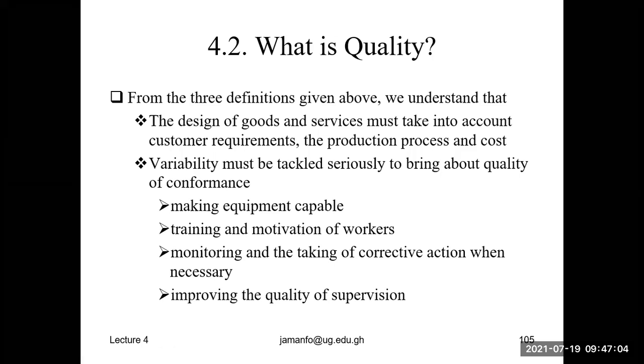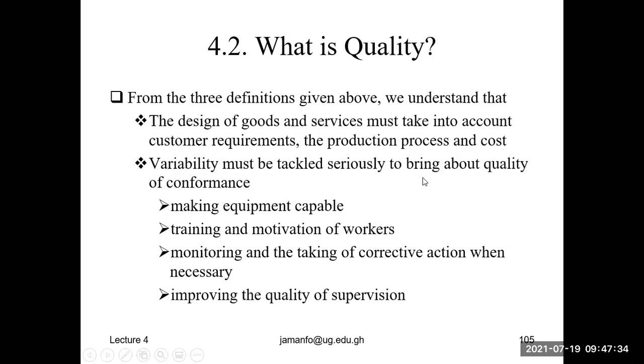At the end of the day, we must also, as a company, be able to make enough profit to sustain our operations. So design of goods and services must take into account, 1, the requirements or expectations of the customer; 2, what production processes we need to put in place in order to deliver the customer's requirement; and 3, the cost implications of that. We need to take that also into consideration.